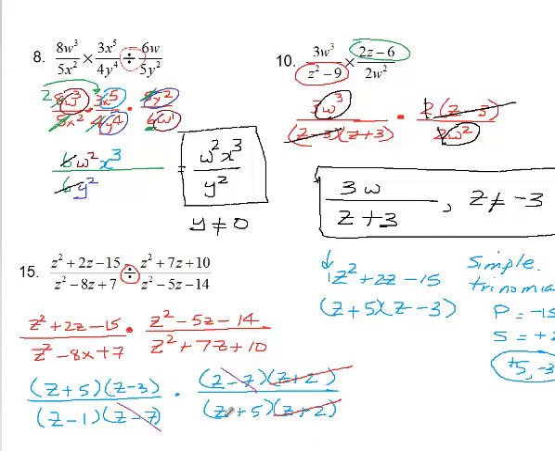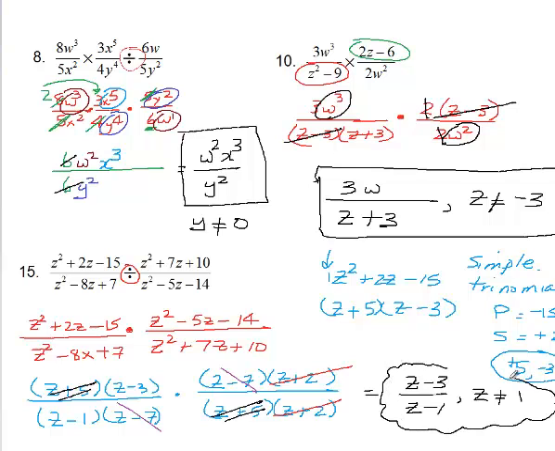I'm sure you see it. z plus 5 with z plus 5. And z minus 3 over z minus 1 remains. We cannot cancel anything else. There's your final answer. To make it complete, z cannot equal whatever makes a denominator 0, z cannot equal 1. So there's the final answer for number 15.